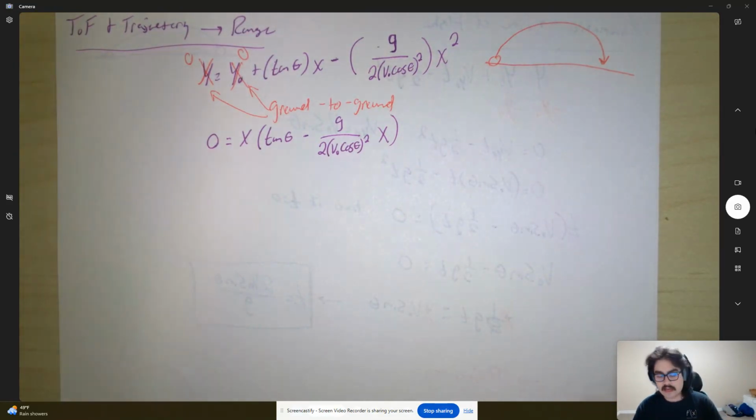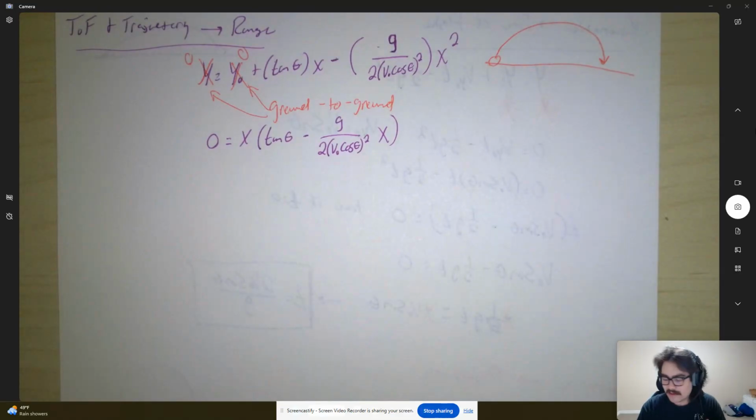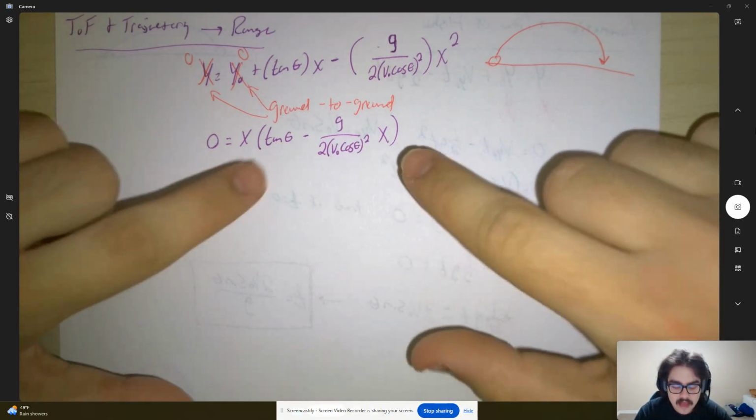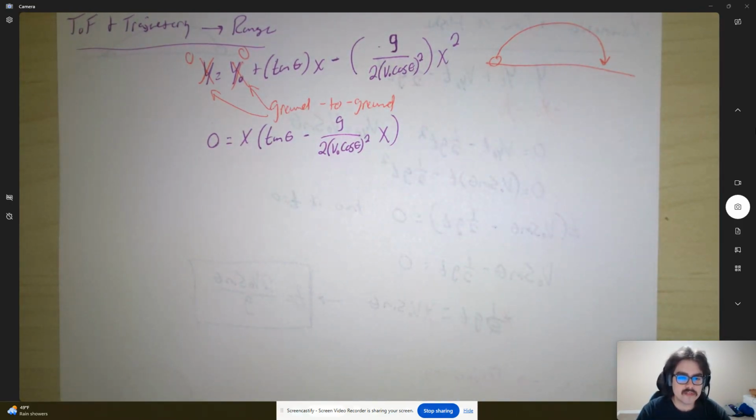And this is very similar to the time of flight equation. Actually, now that I think about it, I don't even think I'm going to use the time of flight equation in this. The time of flight equation is just helpful to get. But I don't even need time in this equation. As you can see, I've already eliminated all my times, so it doesn't matter.